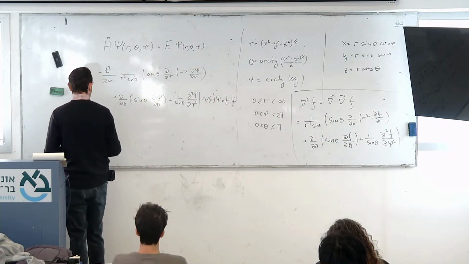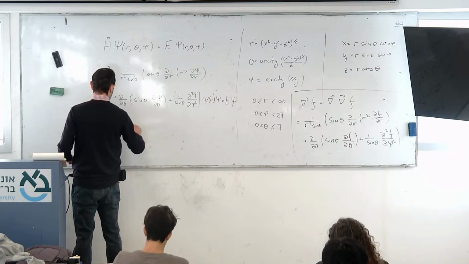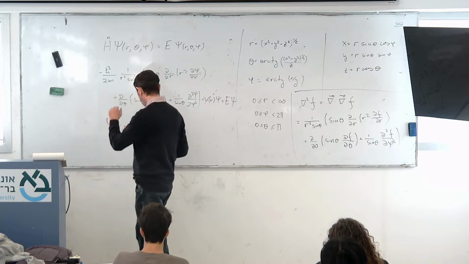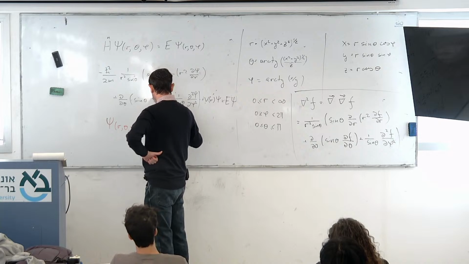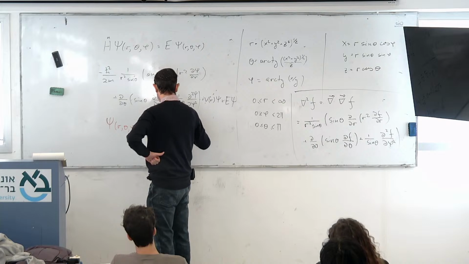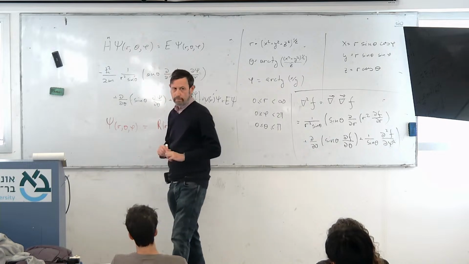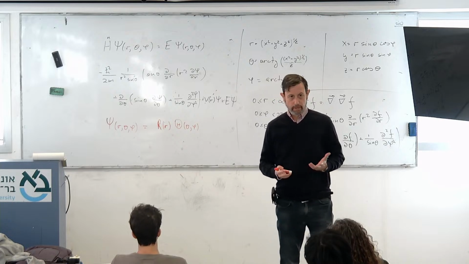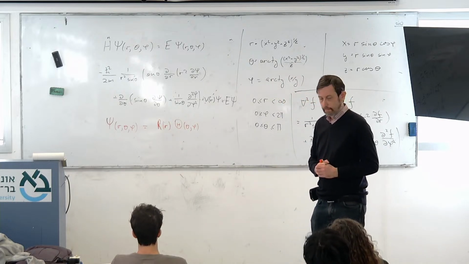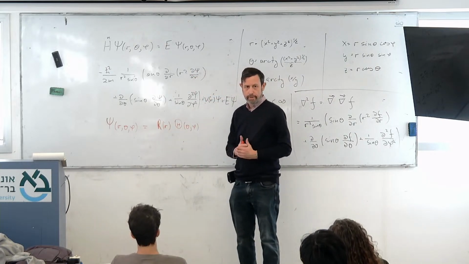So the first separation that we are going to do: we separate the angular dependence from the R dependence.